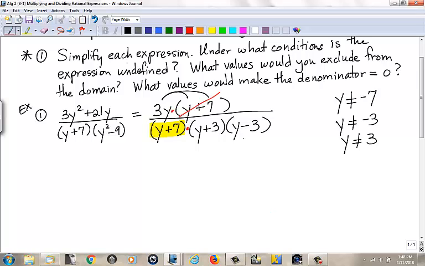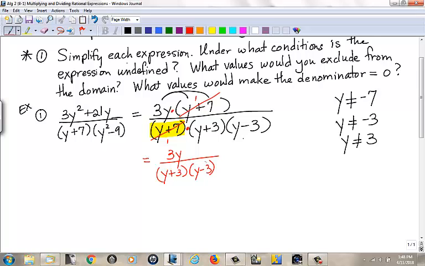So I can say y plus 7 will reduce with y plus 7, and you've got to remember what's left is a 1, okay? And then, can we reduce anything else? Nope. Okay, so your final answer is 3y over y plus 3 times y minus 3.